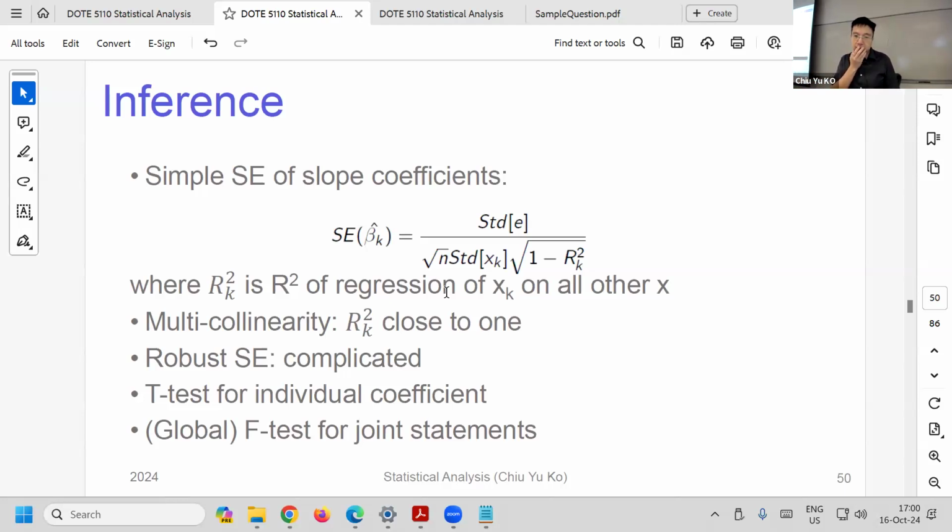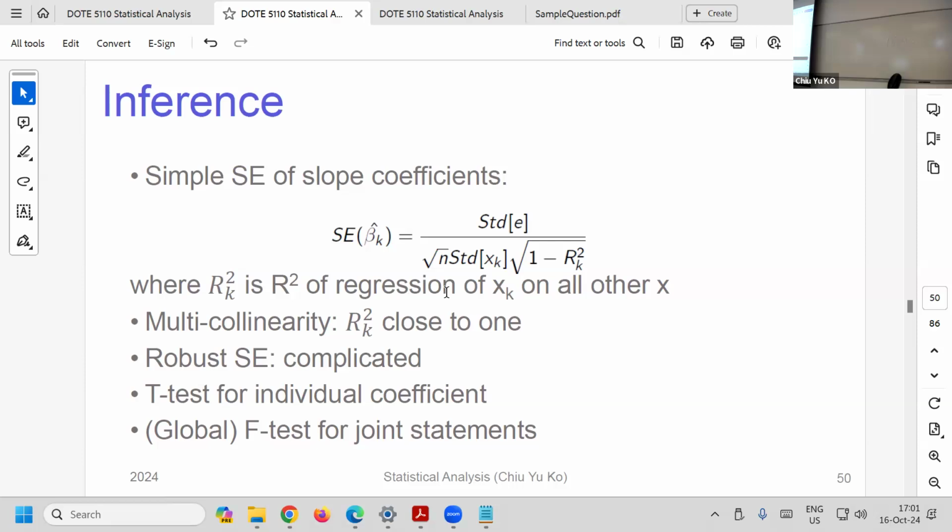But this formula does tell us something important I would like to emphasize, okay? If you look at the standard error, it means how accurate your coefficient is. It depends on a bunch of stuff, which we don't care that much about.